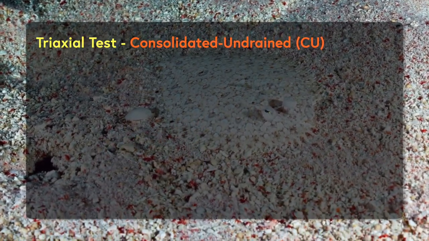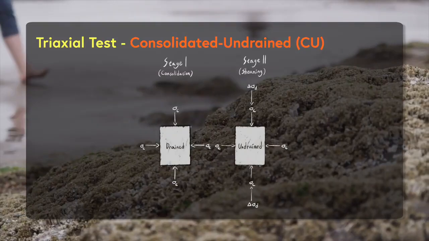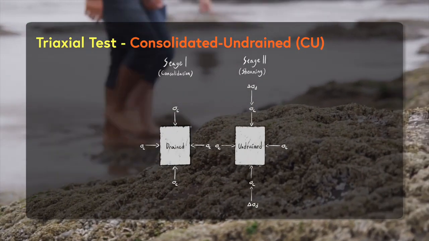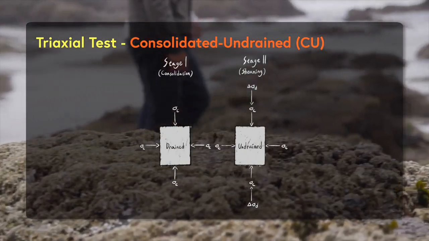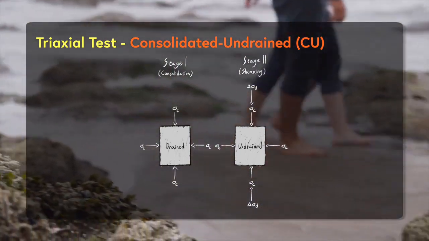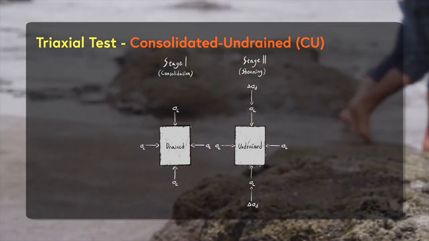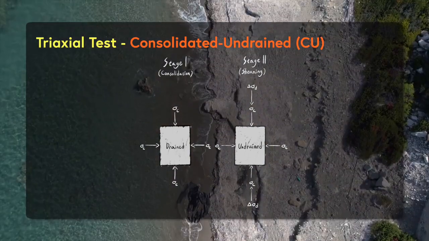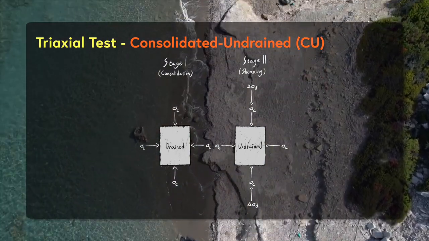If we want to determine the undrained behavior of soil, and if we have pore pressure measurements, we can perform the CU test. So unlike what we did in the CD test, during a consolidated undrained test, during the shearing stage, we will not allow drainage.